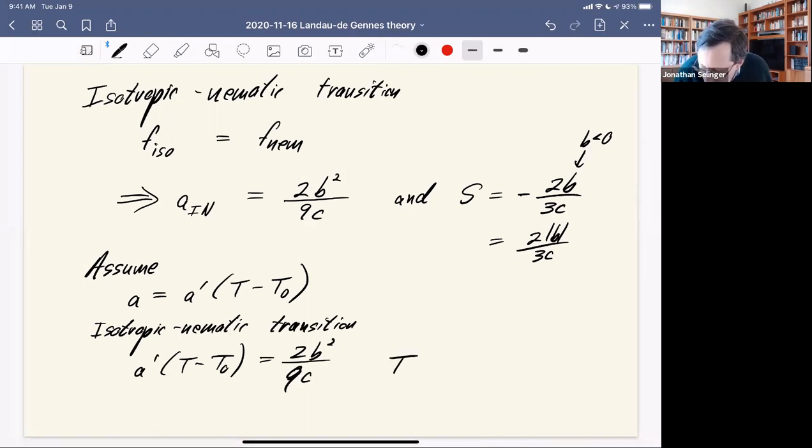So T is equal to T0 plus 2B squared over 9C A prime. So the isotropic nematic transition temperature is not T0, it's T0 plus this positive offset.